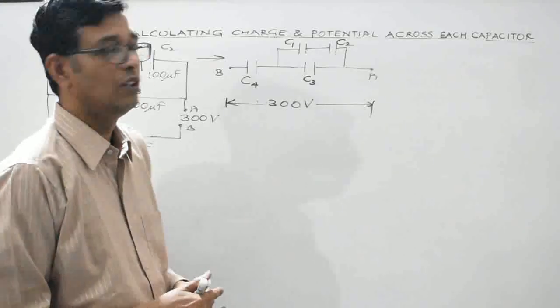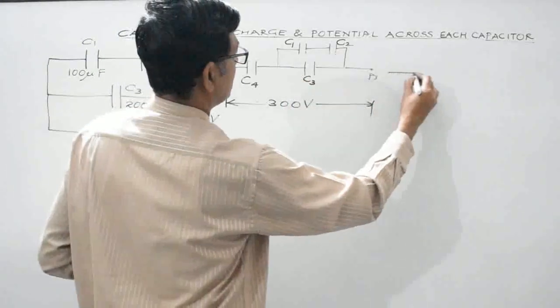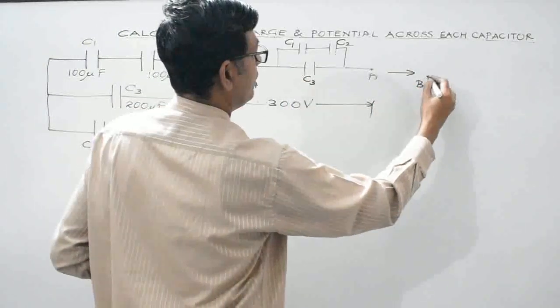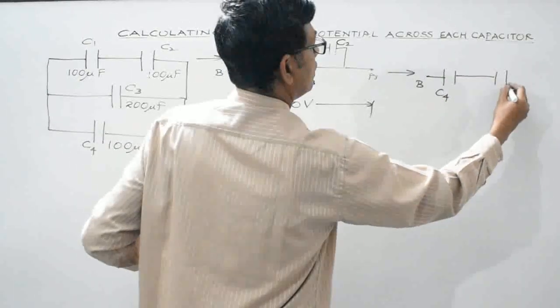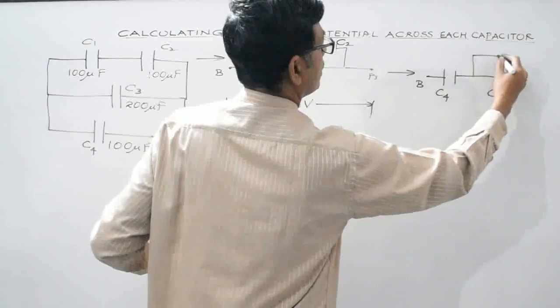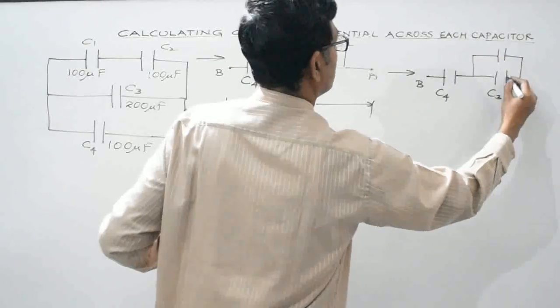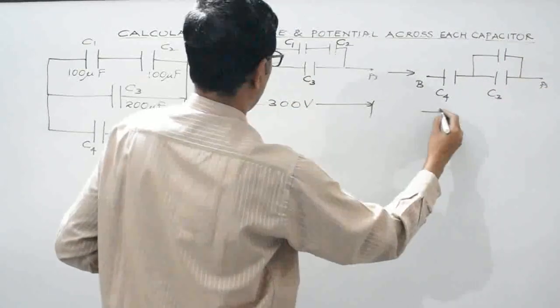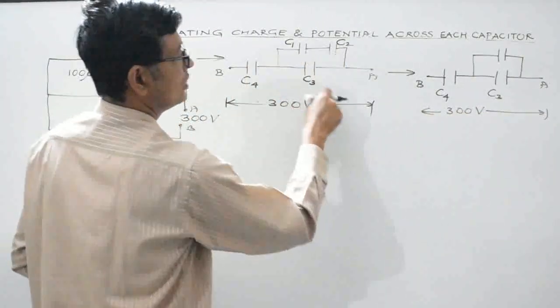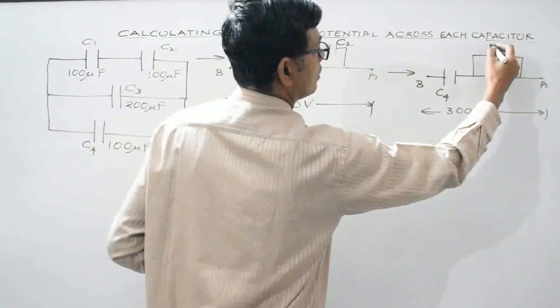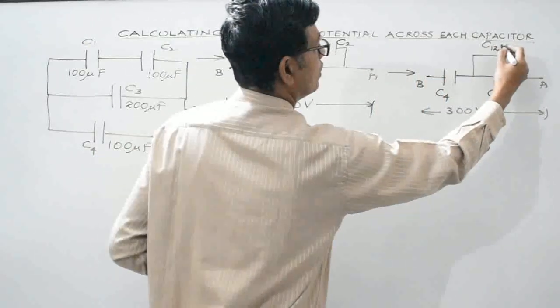So it can be further modified as this point B, this is C4, this is C3, and this is point A, and it is 300 volt. So this is C3, and 1, 2, it can be written as C12.